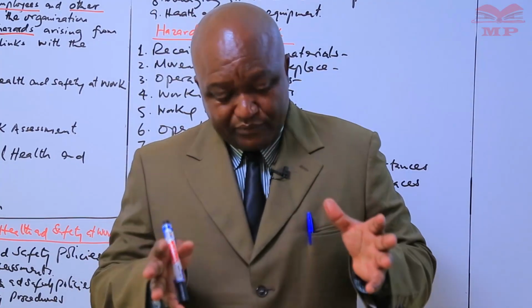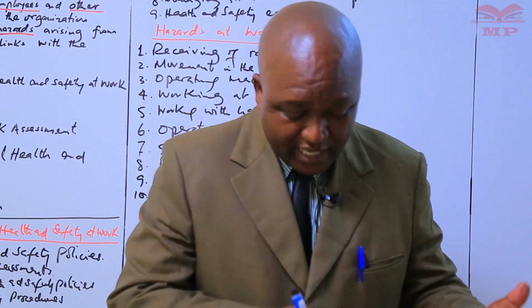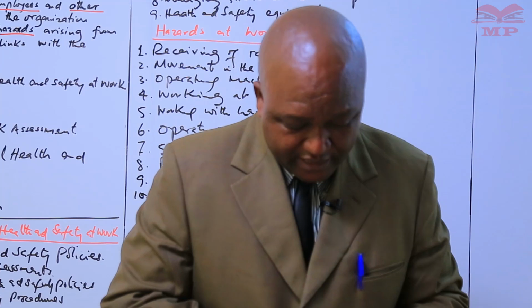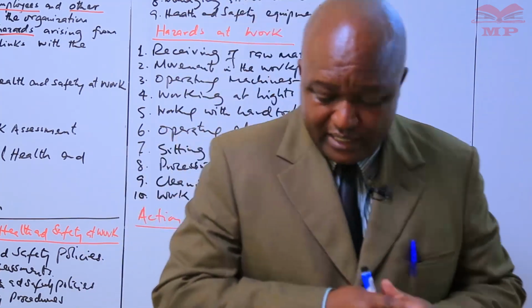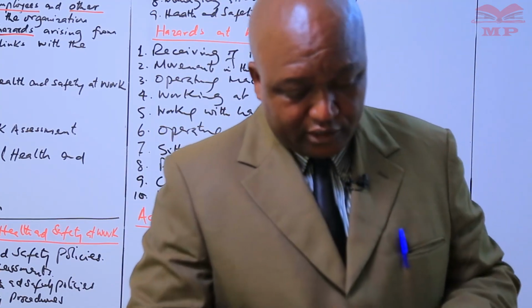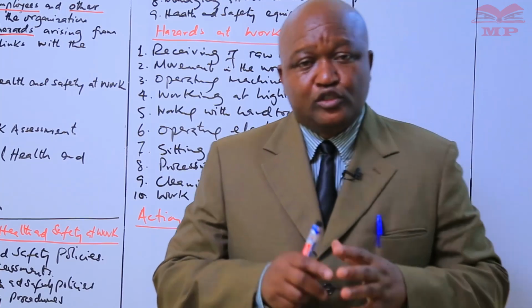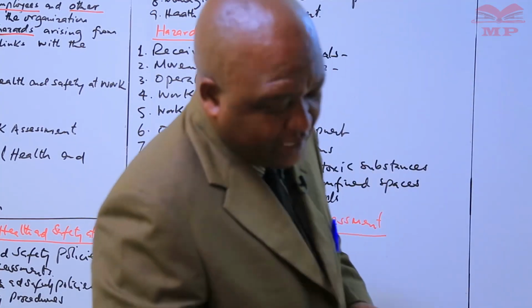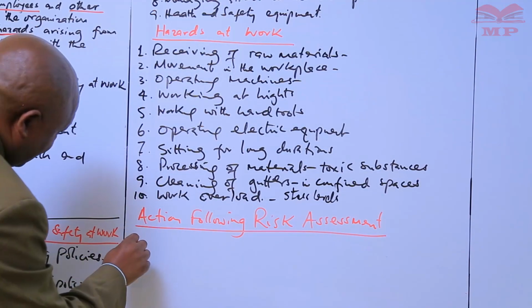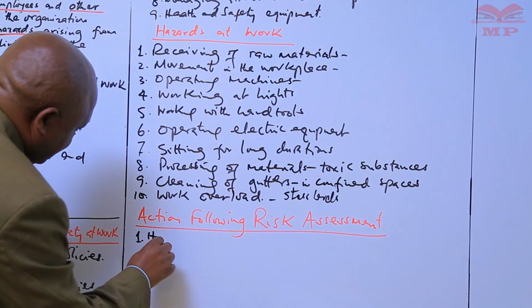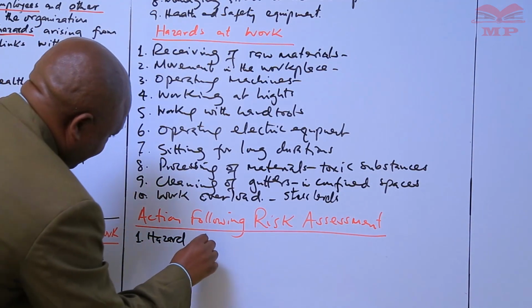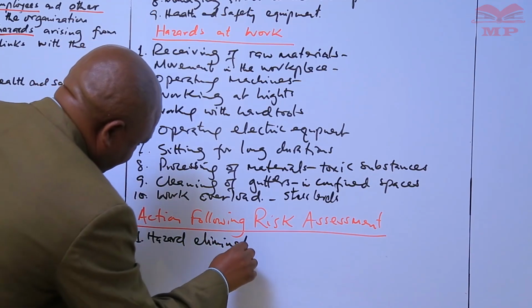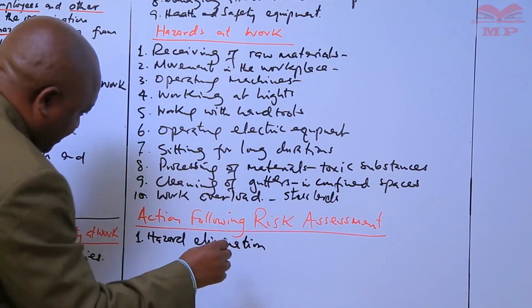And this risk assessment is supposed to be done internally and also externally. So what are some of the things that an organization may institute in relation to the risk assessment process? So one, hazard elimination. And now, we will give an example here.